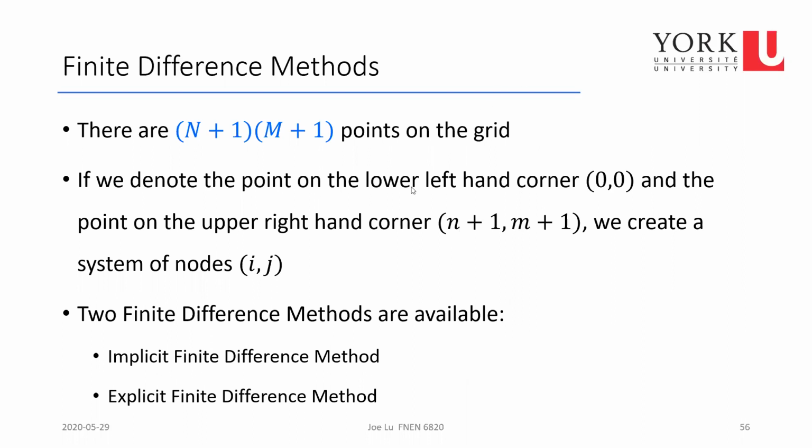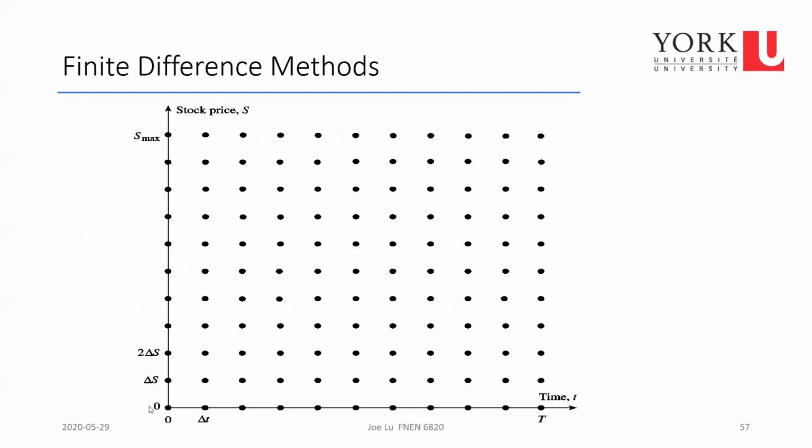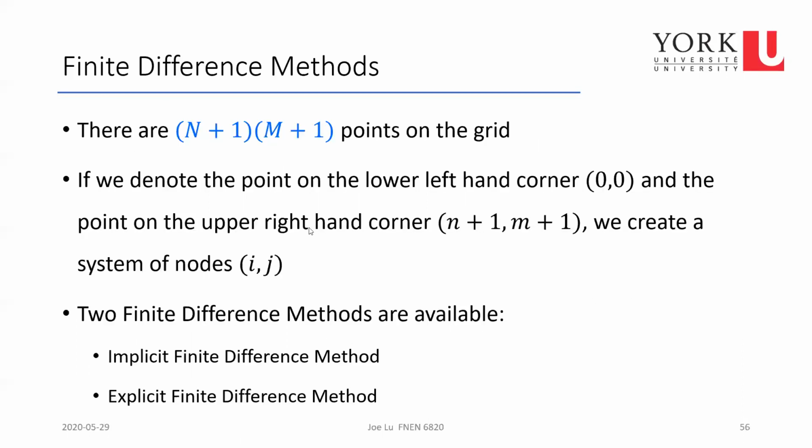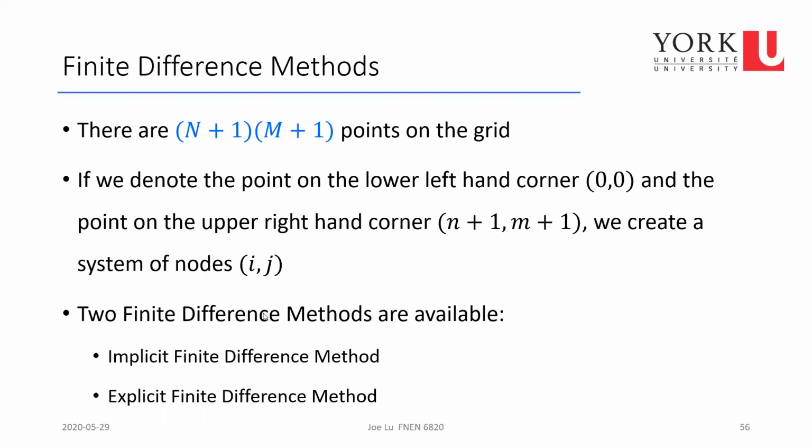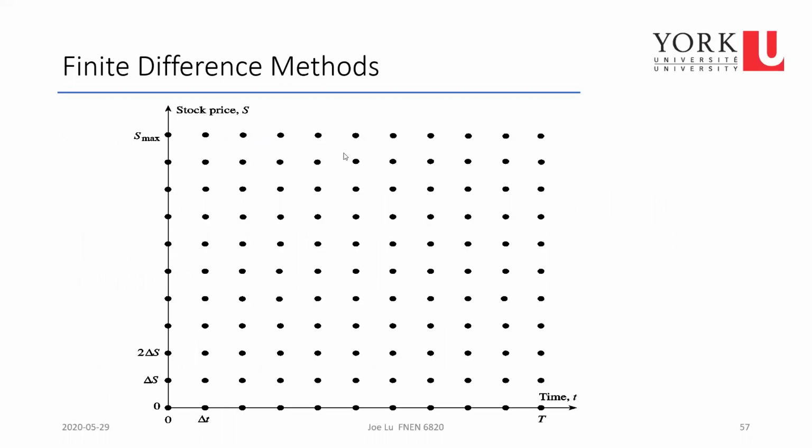By convention, we're denoting the lower left corner as 0, 0, and the upper right hand corner as n plus 1, m plus 1, as a coordinate system. So that gives us the coordinate for which node we talk about on this grid.